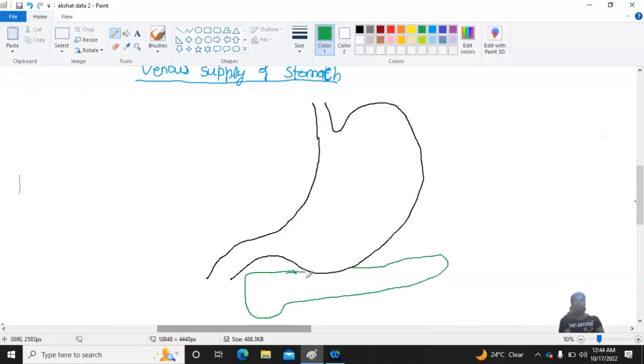We have already talked about this. Behind the neck of the pancreas, there is a vein formed called the portal vein.